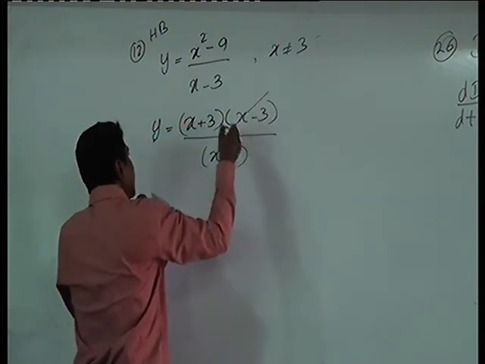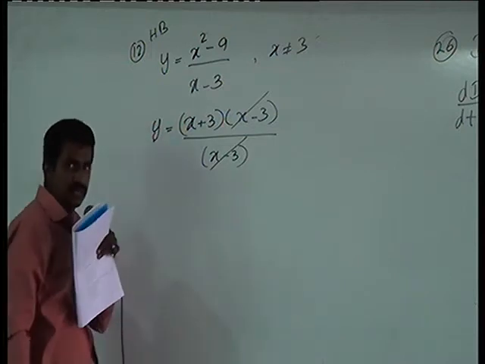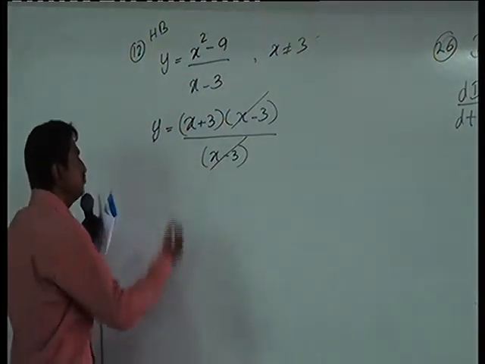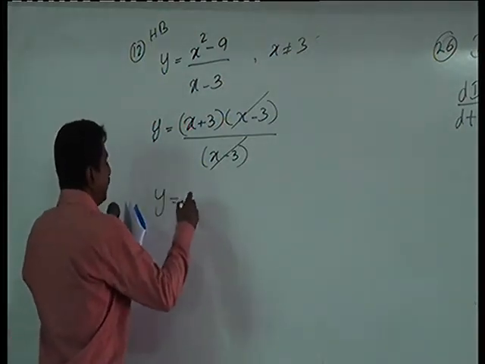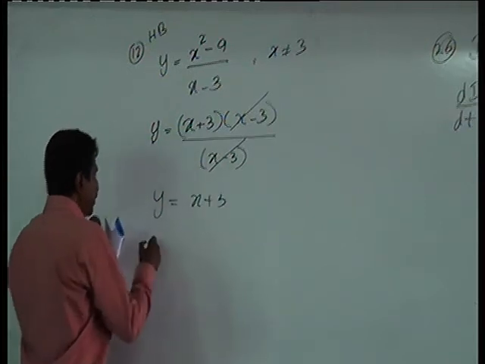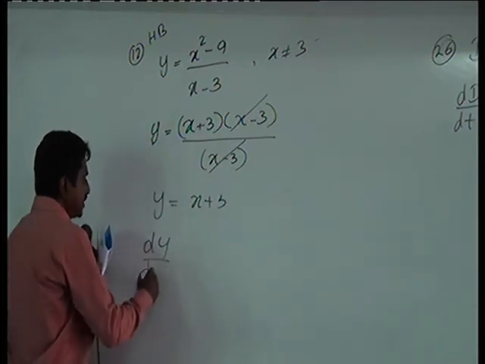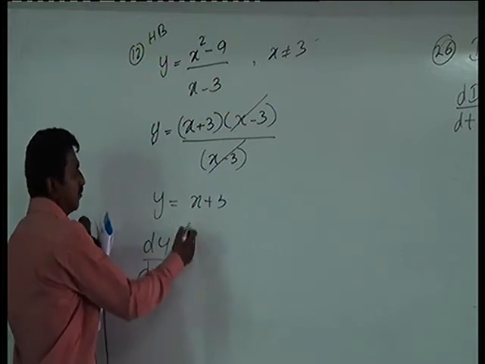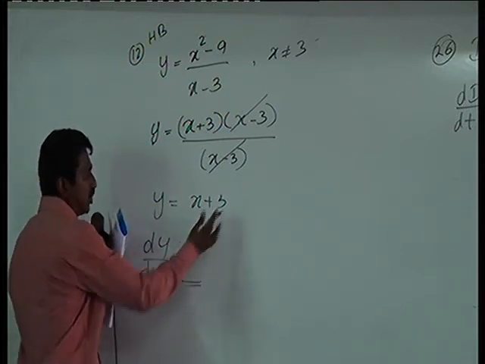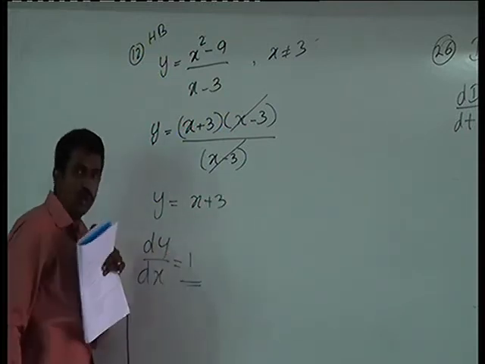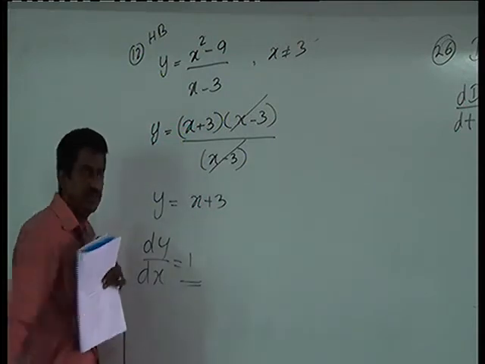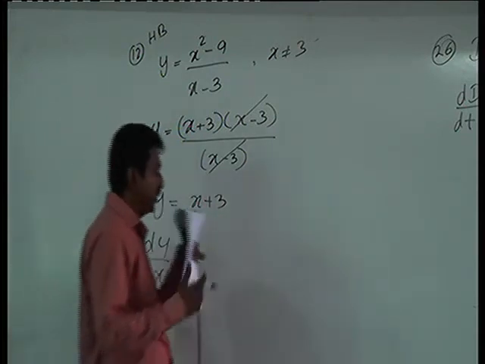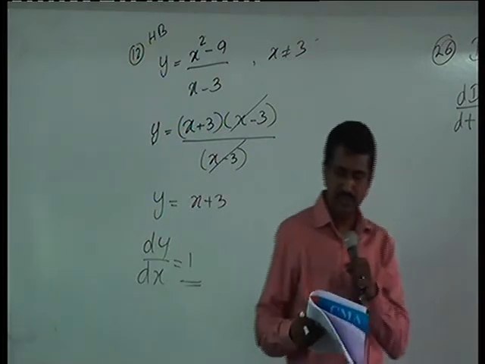Now I can easily cancel x minus 3 with x minus 3. So the formula becomes very simple now: x plus 3. Differentiating, dy by dx is equal to 1, that's all, because when you differentiate 3, that is 0. So the answer is 1. Okay, that is question number 12.